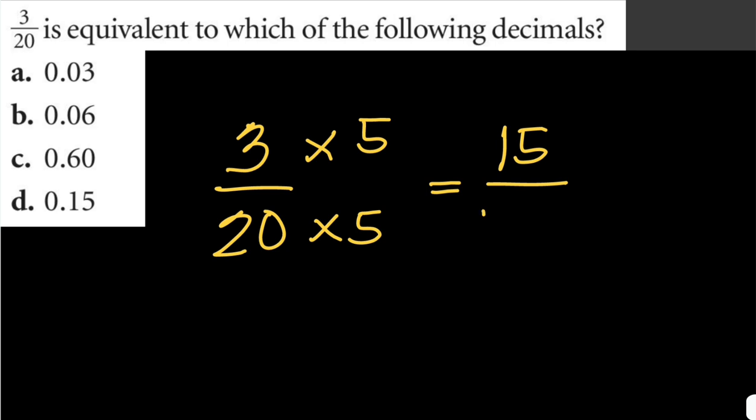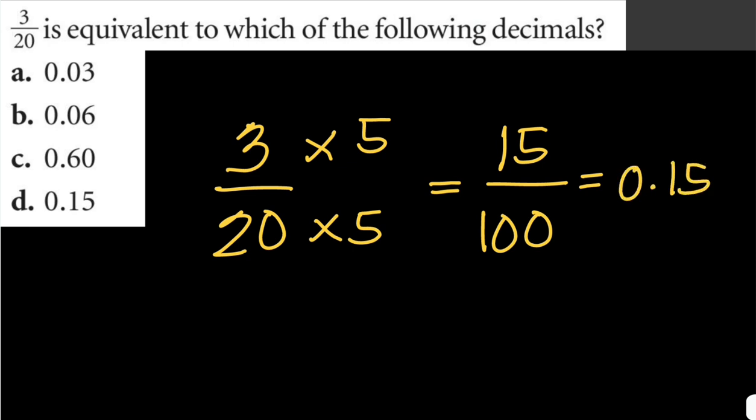So we can multiply both the numerator and denominator by 5, and this would become 15 over 100. So we can just convert the denominator into 100. So this is just the same as 15 hundredths, 15 over 100.